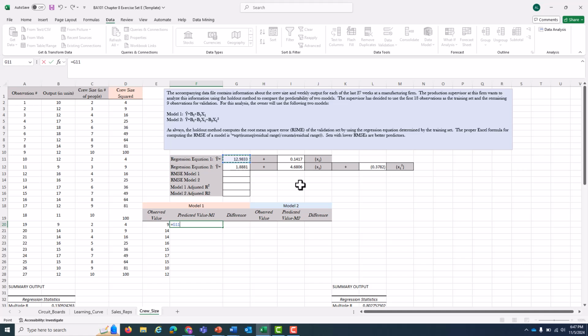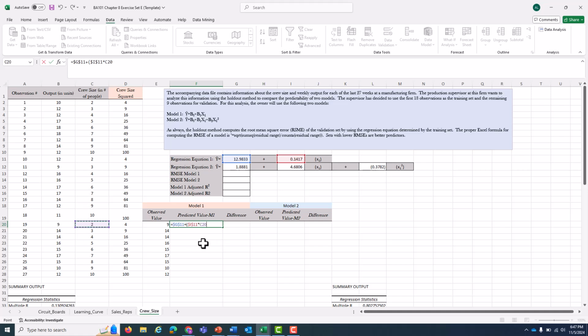And I'm definitely going to want to fill handle, so I don't have to write this a million times, and I'm always going to be referencing these same 2 inputs for the formula, so let's go ahead and make that absolute. Plus, in parentheses, the coefficient for our x1 variable in model 1, which I'm also going to want to make absolute because I'm always going to be referencing that, times the x variable at that level. And the x variable we have at that level is what's over here in cell C20, the 2 people.